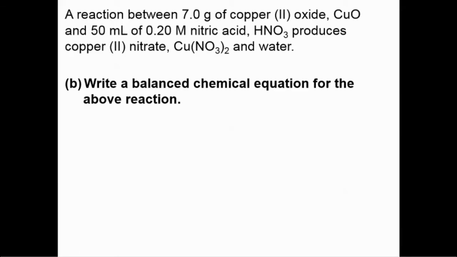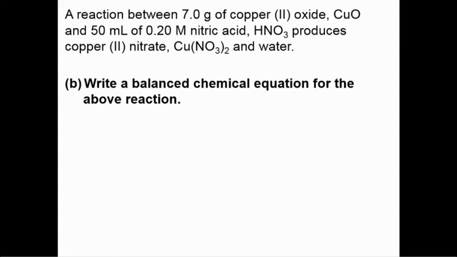In B, you need to write a balanced chemical equation for the above reaction. Let's look back at the question. We have copper 2 oxide reacts with nitric acid, producing copper 2 nitrate and water. Let's write the reactants first.